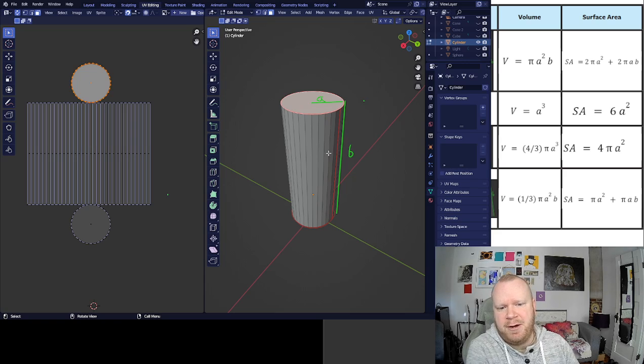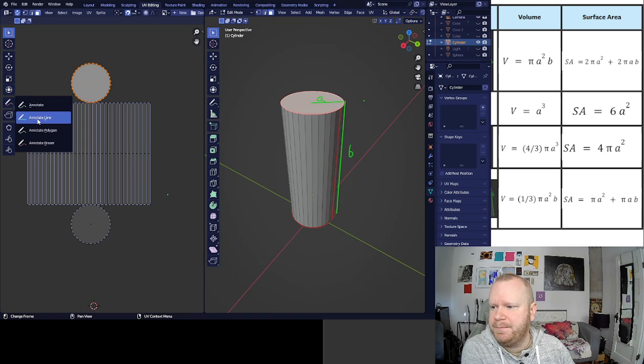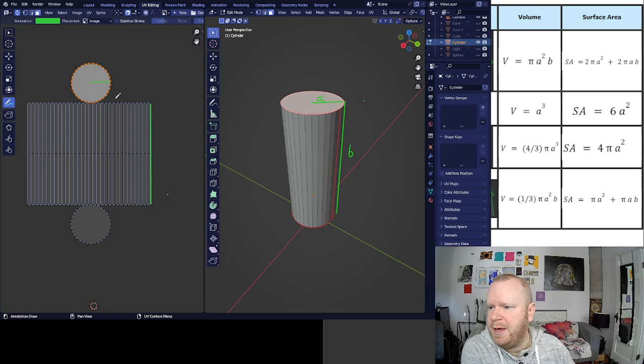For the surface area, we've got 3 pieces here. So I've got the circle on top. That's going to be pi A squared. Okay, so there's another. I'll just go ahead and label these both on the net.